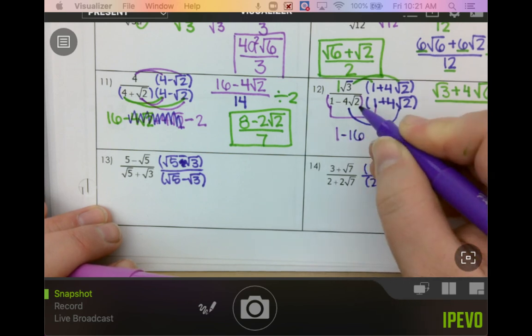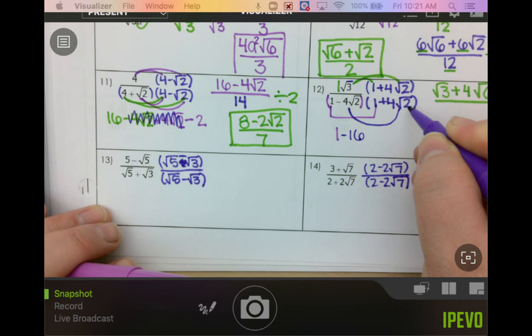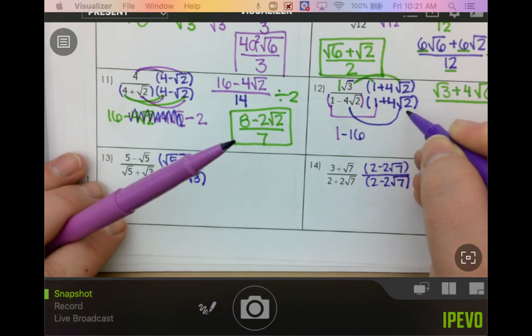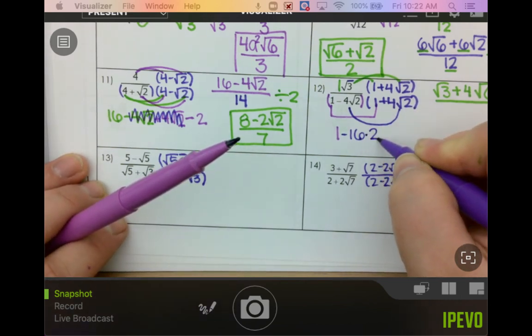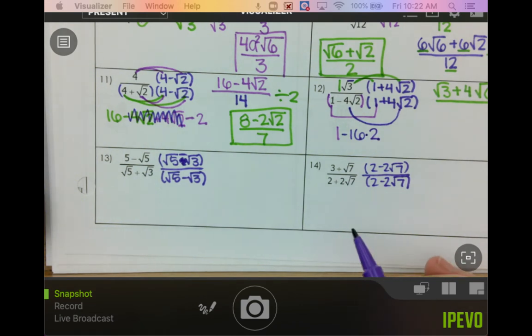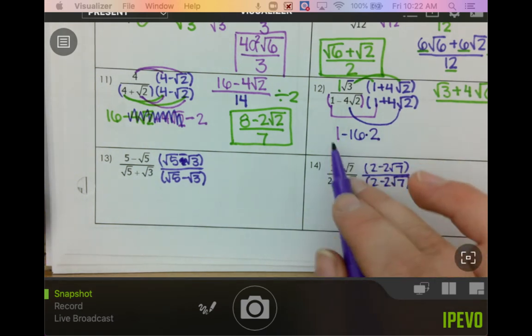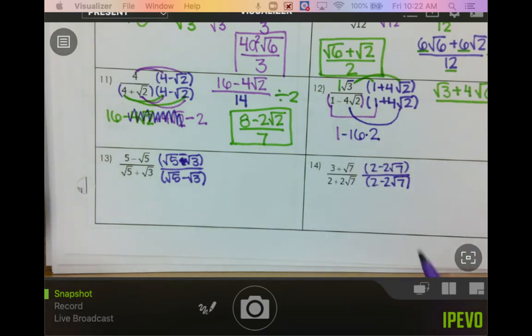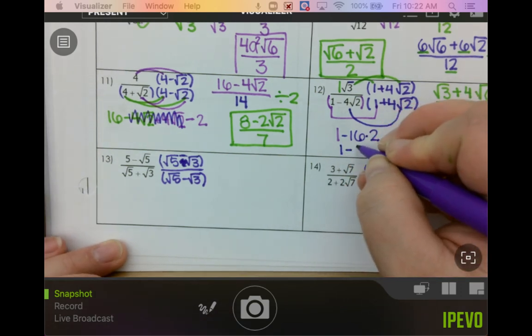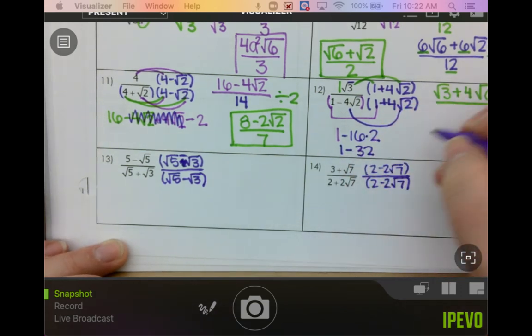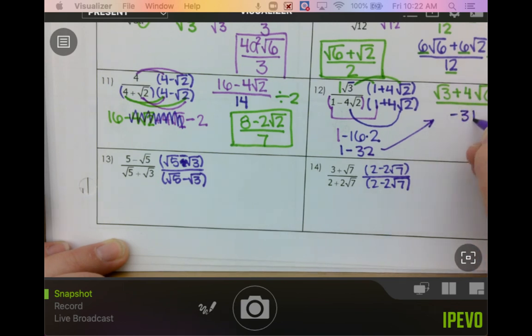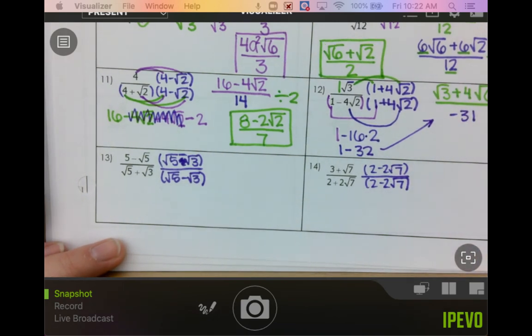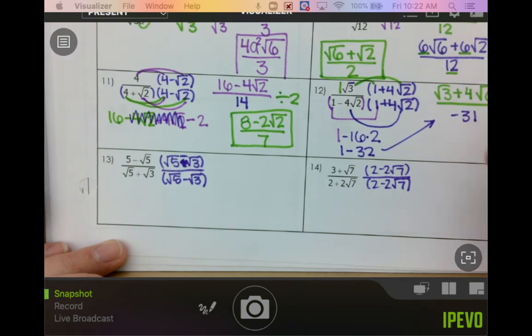Square root of 2 times square root of 2 makes the square root of 4, which is 2. There should never, I repeat, never be an actual square root left here. And this is 1 minus 32, which is negative 31. Nothing goes into negative 31, so my numbers out front, which are 1, 4, and negative 31, can't simplify. So this is my final answer.